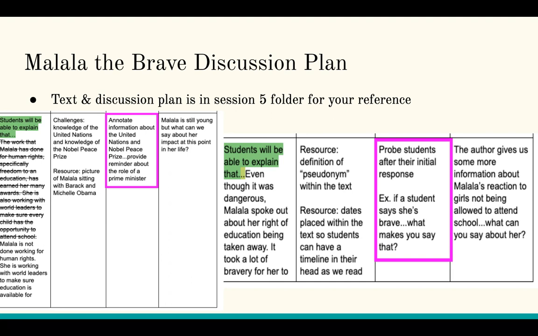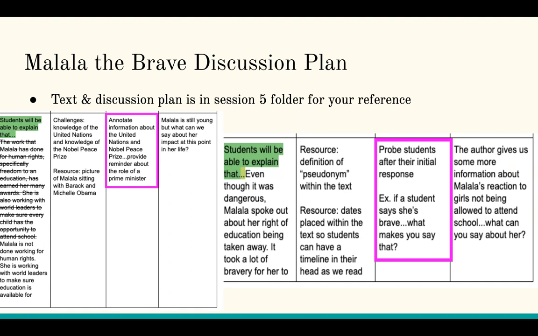I know you may think that it's difficult to plan for teacher moves, as you can't plan for the way the discussion will go. However, you may find areas in the text that are going to need you to respond in a certain way. So, for example, in the part of my plan on the left, part of the text talks about Malala working for the United Nations and earning a Nobel Peace Prize.